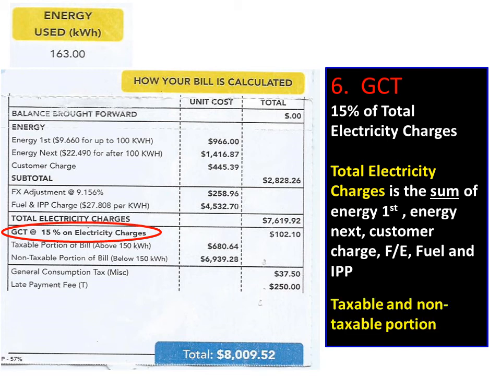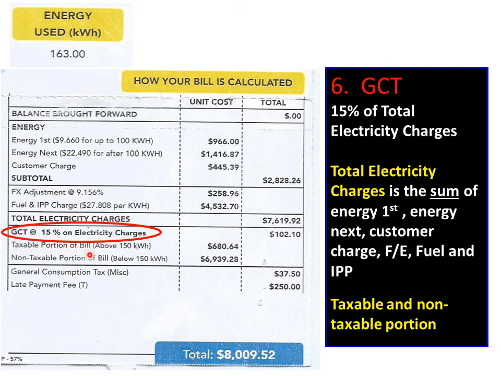So to calculate GCT, we have a taxable portion and a non-taxable portion. That means that part of the bill will be taxed and another part will not be taxed. All right? Taxable meaning it will be taxed. All right. So what does this mean? You don't have to worry about it. JPS already calculated the value for us.